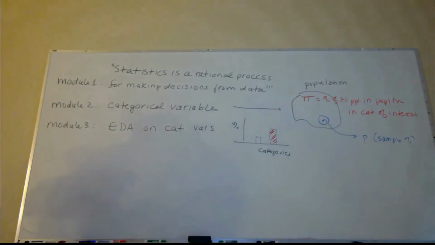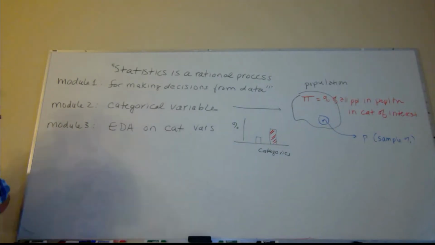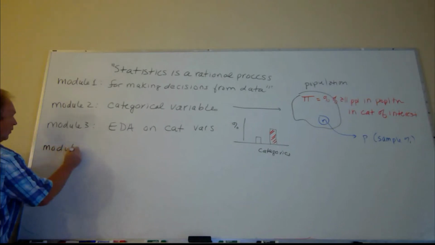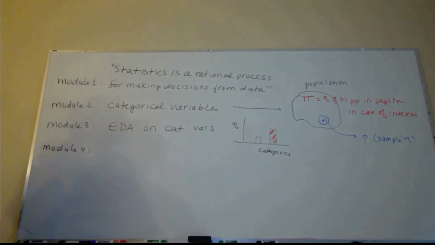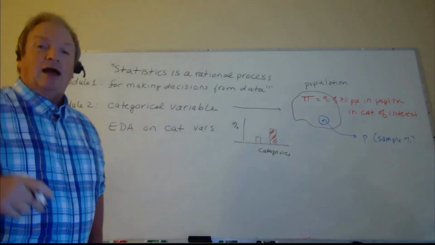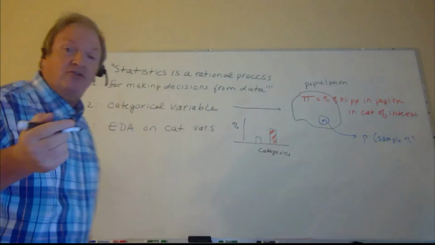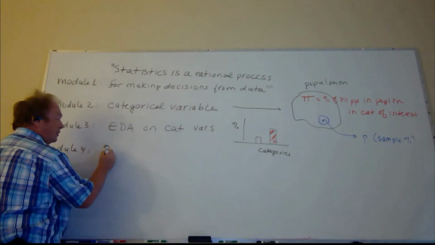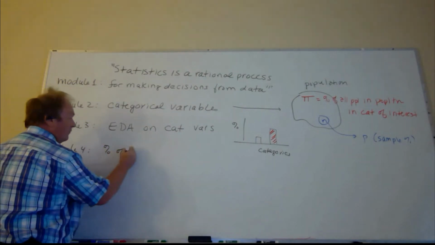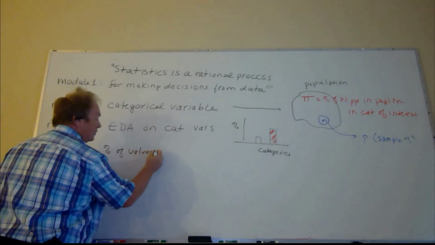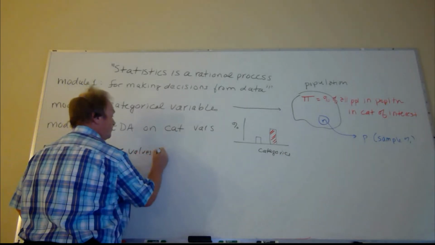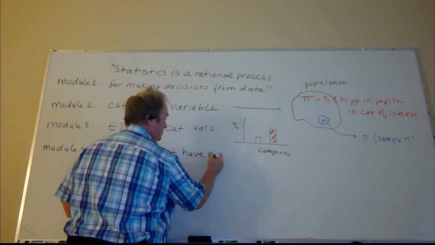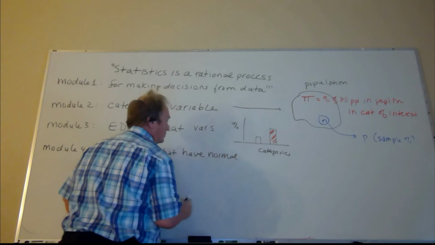In Module 4, we talked about measures of relative standing. We talked about how to compute percentages from normal distributions, right? So this was really about percentages of values that have a normal distribution.